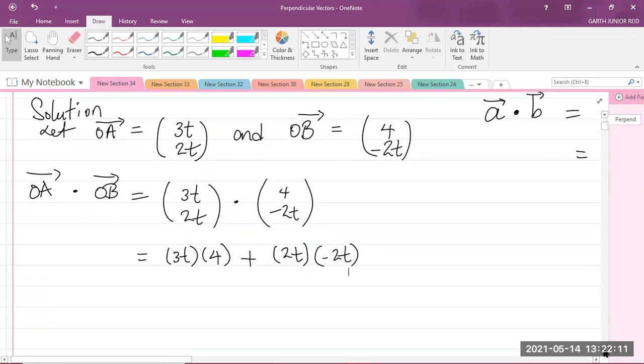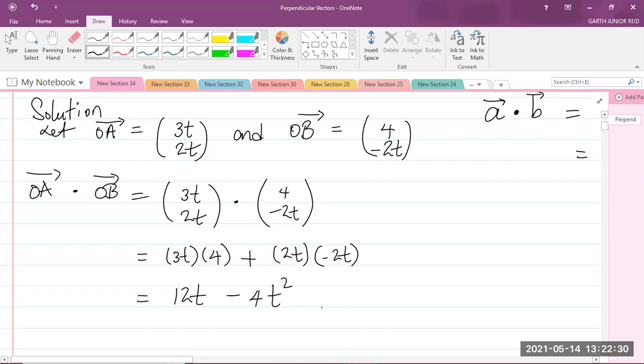So this is now going to be equal to 3t times 4, that's 12t. And 2t multiplied by negative 2t, I'm going to have a negative in front. 2 times 2, that's 4. t times t, that's t squared.